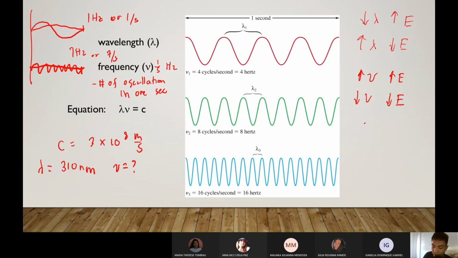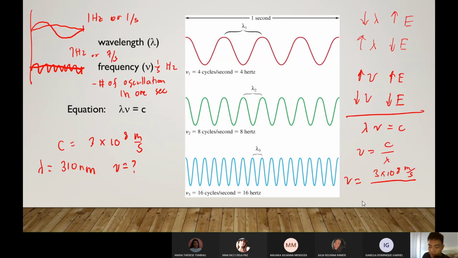So we have lambda nu equals c. Since I'm solving for nu, that is c over lambda. So that's 3 times 10 raised to 8 meters per second. Yung lambda, this is in nanometers, ang unit ng ating SI meters.